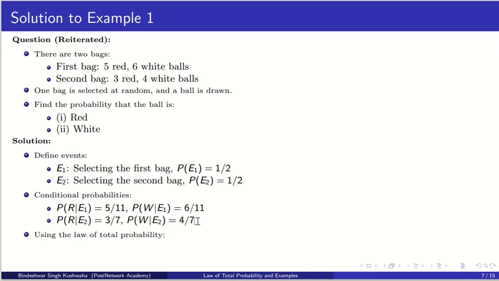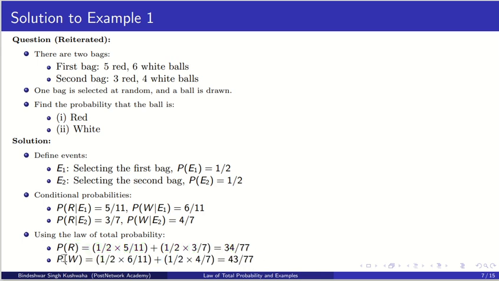Now using the law of total probability, the probability of drawing a red ball would be 1 upon 2, that is E1, times the probability of red ball given E1, plus the probability of E2 times the probability of red ball given E2, so that would be 34 upon 77.